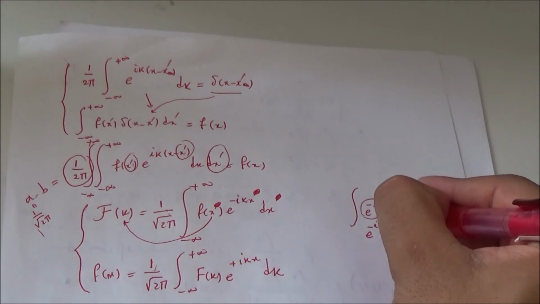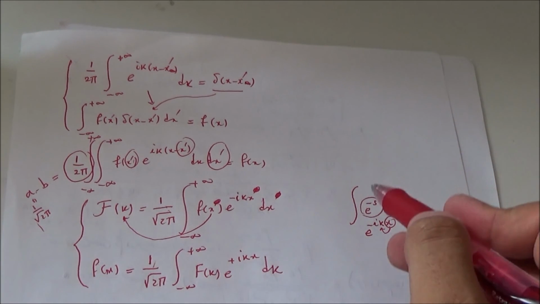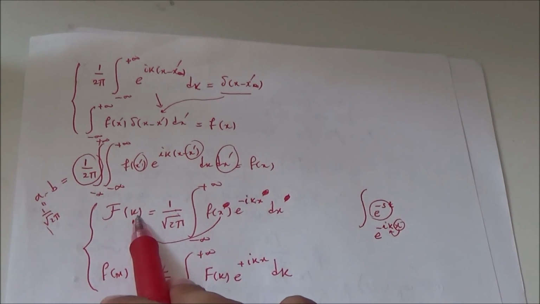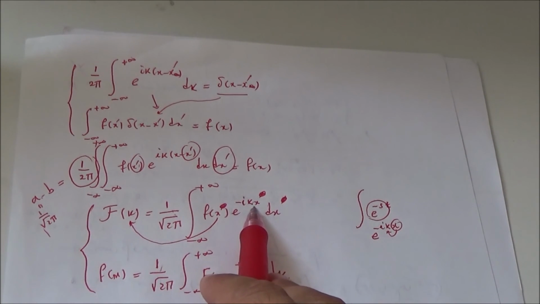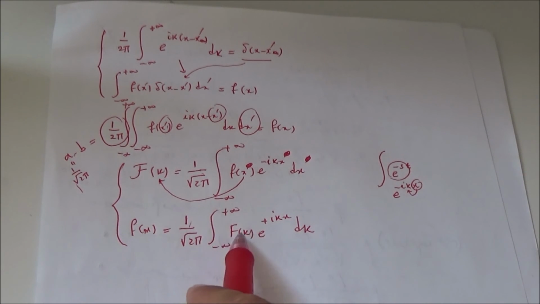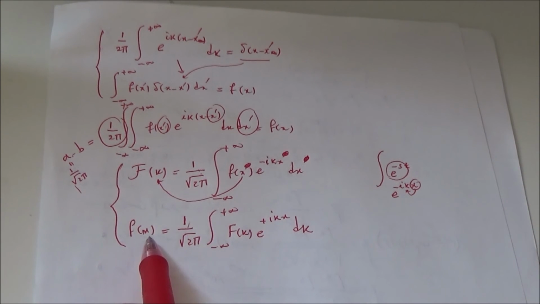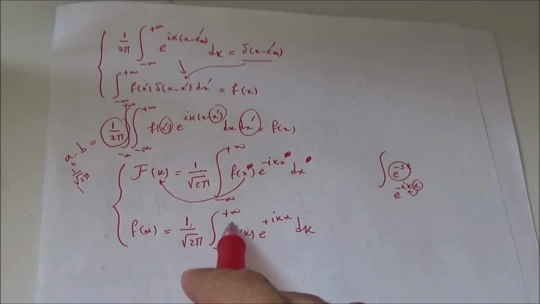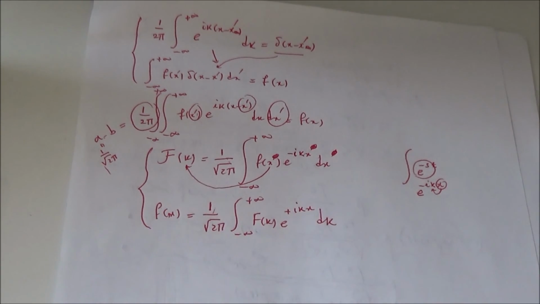So this takes a function of x and transforms it to another function, the Fourier transform of f at the variable k, which has the dimension of the inverse of x. And here we take the inverse Fourier transformation in order to calculate the function itself.